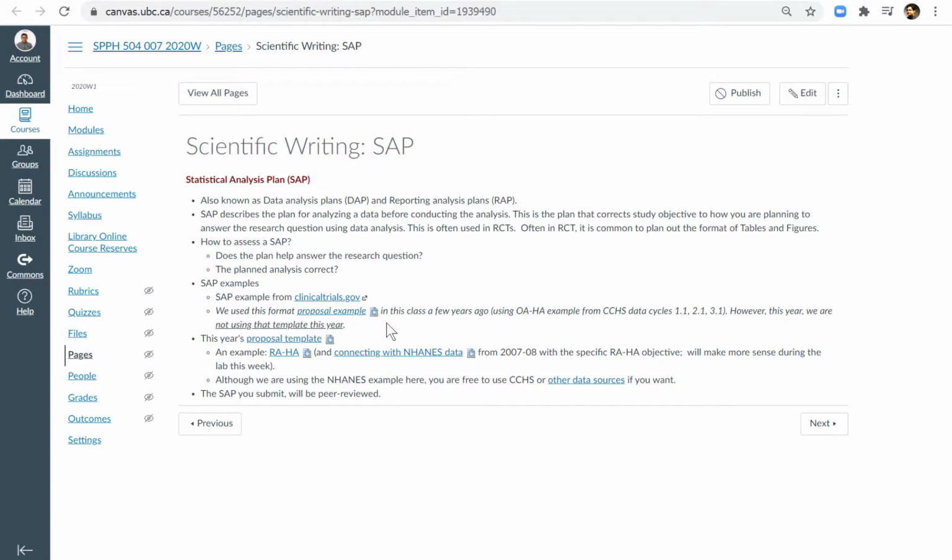Also in the scientific writing page, you can see I give a very brief description of the enhanced data that I have used in this particular template that I just showed.